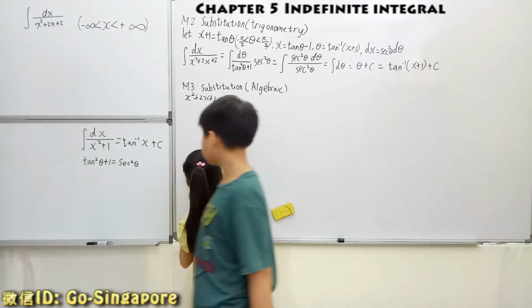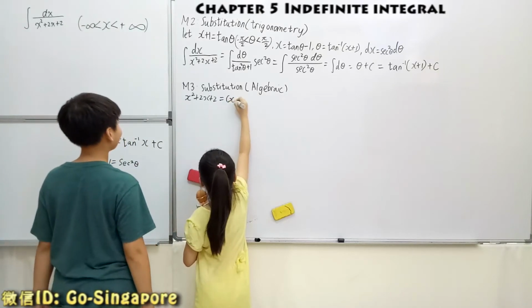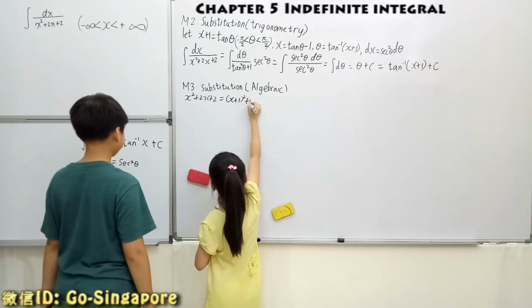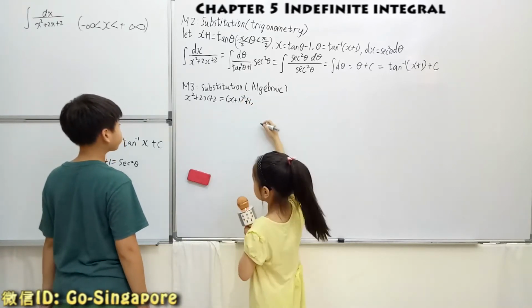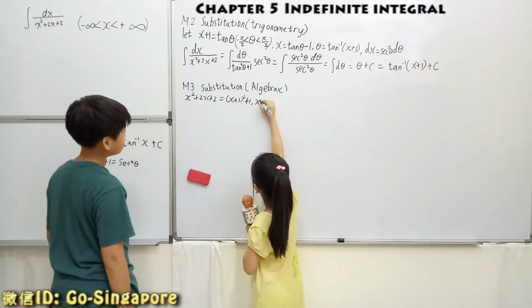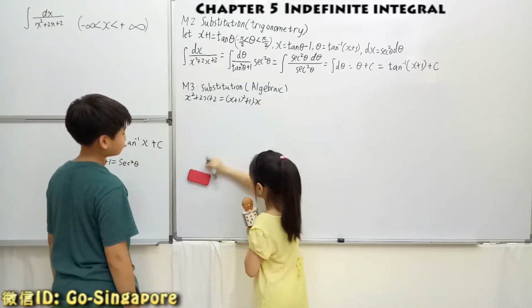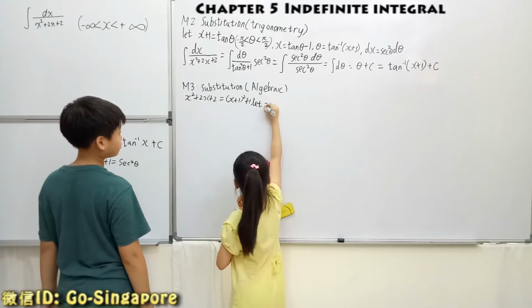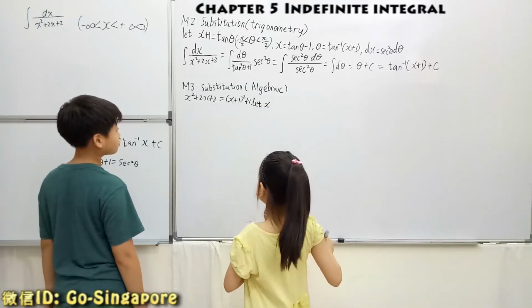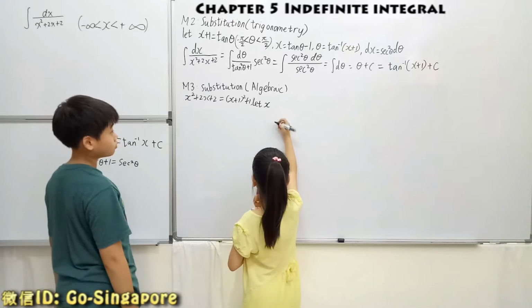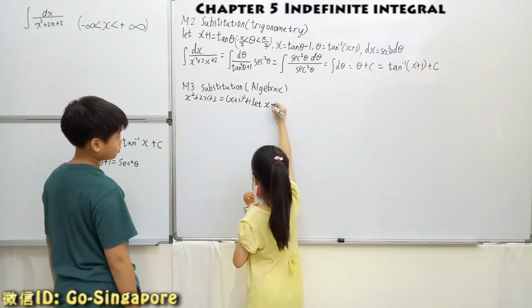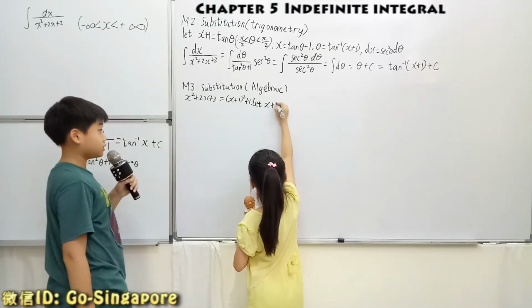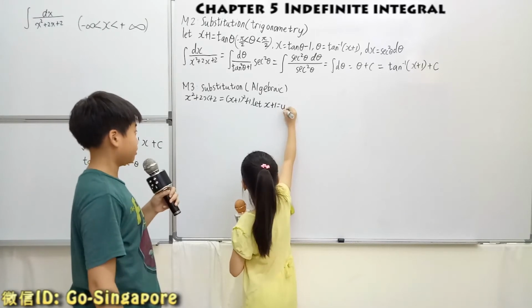Okay. So this is the x plus 1, which you can let it be. Okay, so you want u.